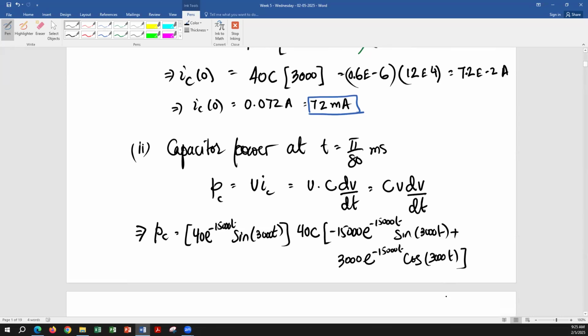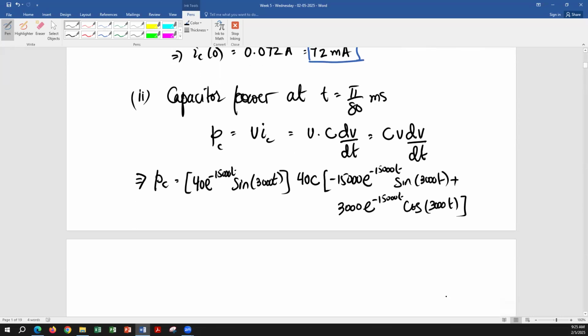So that's pretty much what we use for any calculation of any power, voltage times current. Voltage is given to you. That expression is given to you for t greater or equal to 0, and that expression is 40 e to the power negative 15,000 t sine 3,000 t.